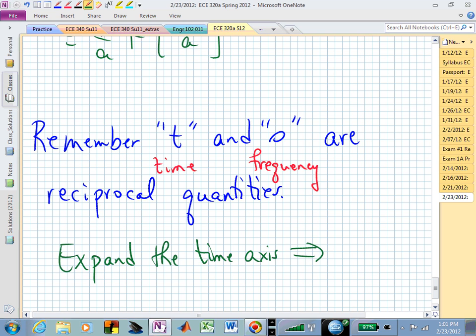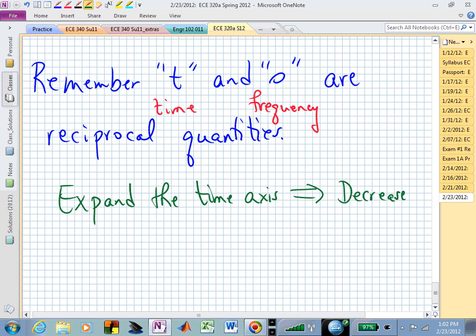Here, let's do a little mental exercise. If you have a sinusoidal waveform that's going up and down, up and down, and now I basically stretch that apart, I expand the time axis. What happens to how often that waveform intersects the horizontal axis? It becomes less frequent. So if you expand the time axis, you are going to decrease the rate of change in the frequency domain.